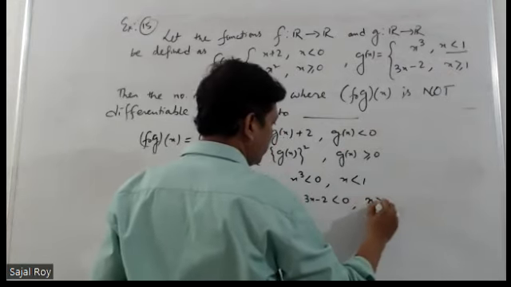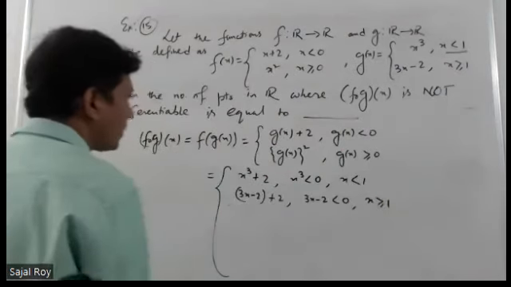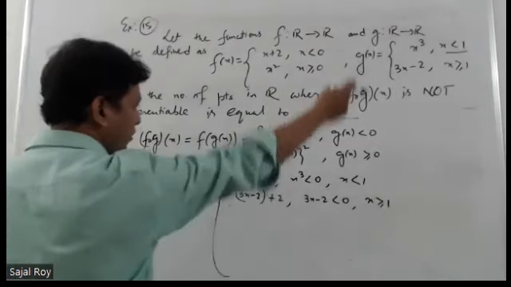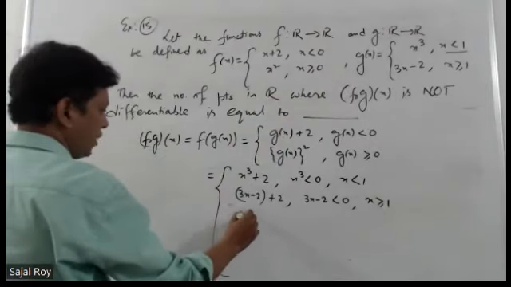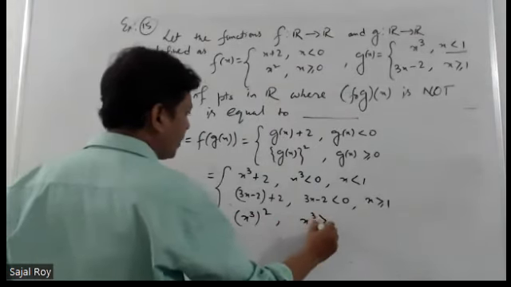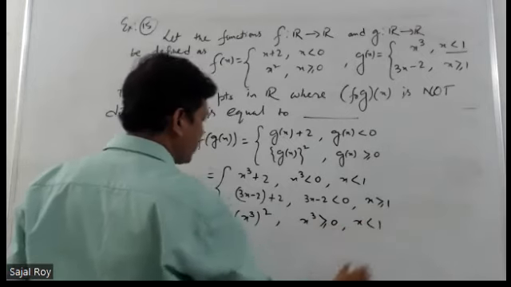Again, this g(x) will be replaced by these two values, x cube and 3x minus 2. So x cubed squared, x cube greater or equal to 0 and x less than 1.